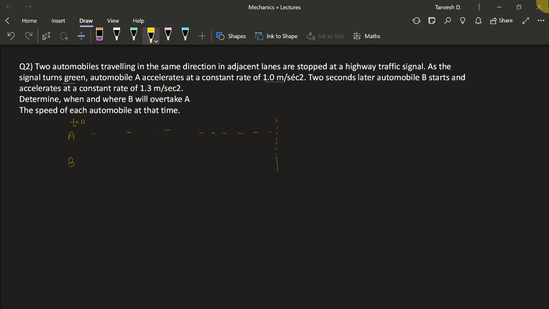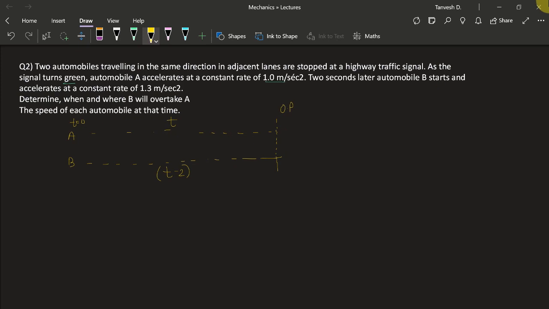And B starts 2 seconds after A has started. So if the time taken by A to reach this overtaking point, I'll write it as OP, is t seconds, then the time taken by B to reach the same point is t minus 2 seconds.